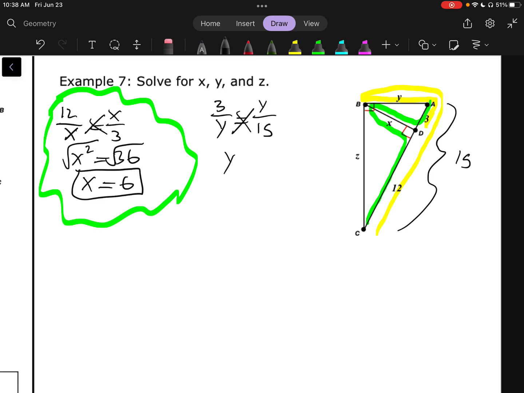So cross multiply, y times y is y squared, 3 times 15 is 45. Square root that. 45 is not a perfect square, so I could do 9 and 5. I like that because 9 gives me a pair of 3's. So I get to bring a 3 outside and I leave the 5 on the inside.